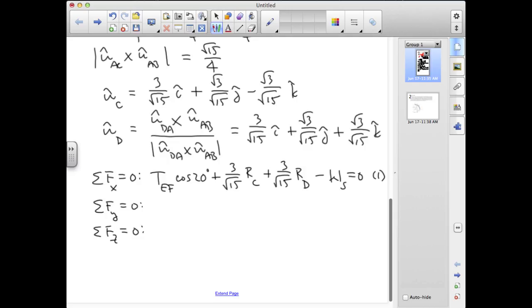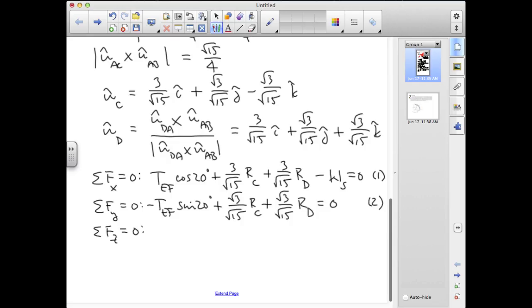In the y direction, we have minus TEF sine 20 plus root 3 over root 15 RC plus root 3 over root 15 RD equals 0, and we'll call that equation 2.